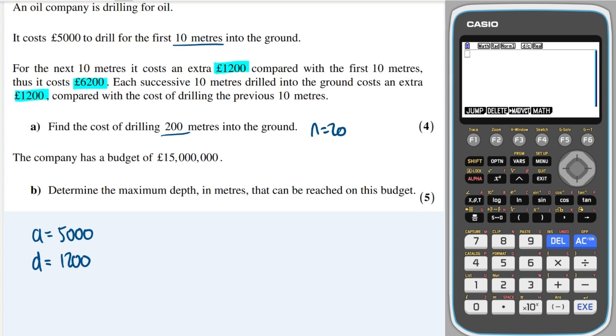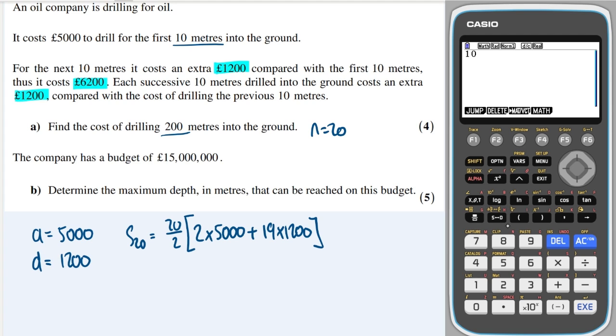And again, n is equal to 20. So S of 20 is equal to 20 over 2, and then we have 2 times 5,000 plus n minus 1, which is 19, times 1,200.